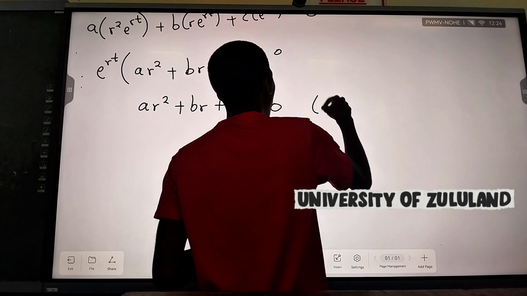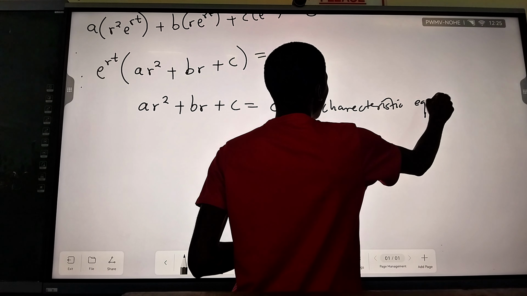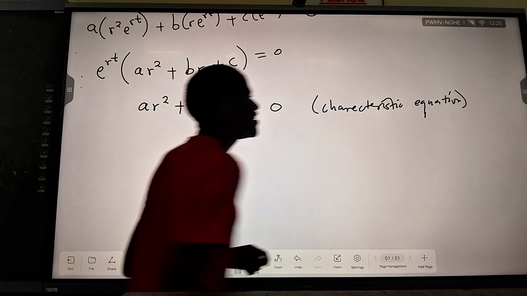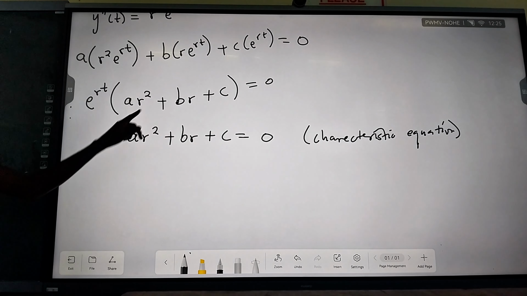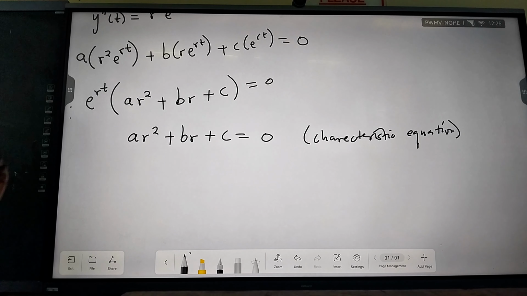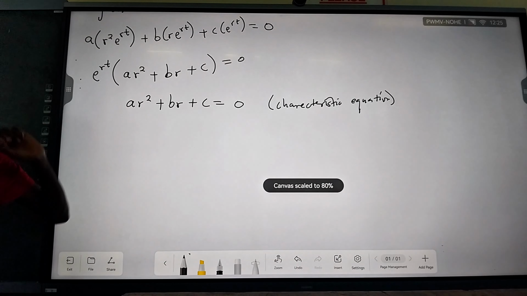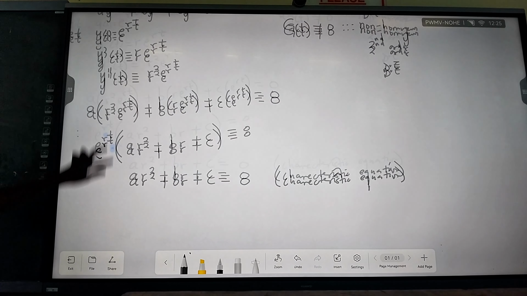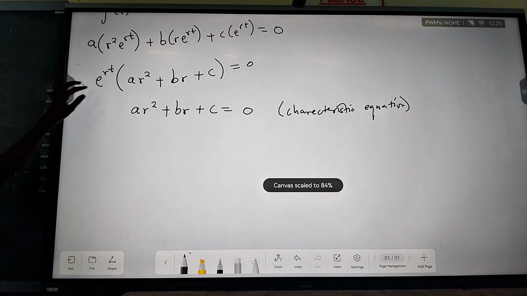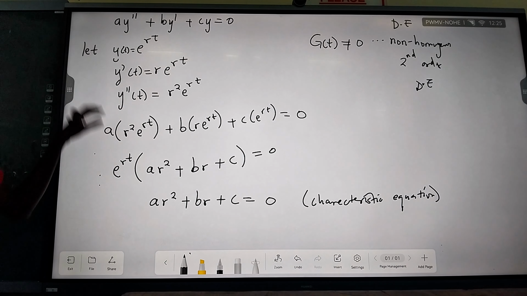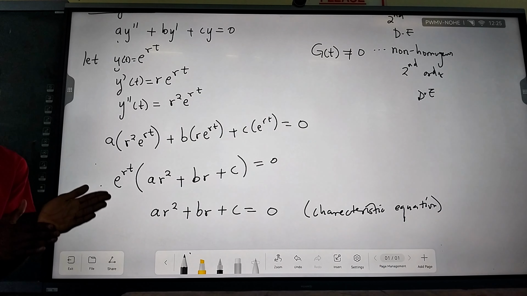So how does your characteristic equation look? The constant multiplying the second derivative is multiplied by r squared. The constant multiplying the first derivative is multiplied by r. And the constant with y is just the constant. So instead of showing step by step all of these things, you can just take this one and express it in this way immediately.